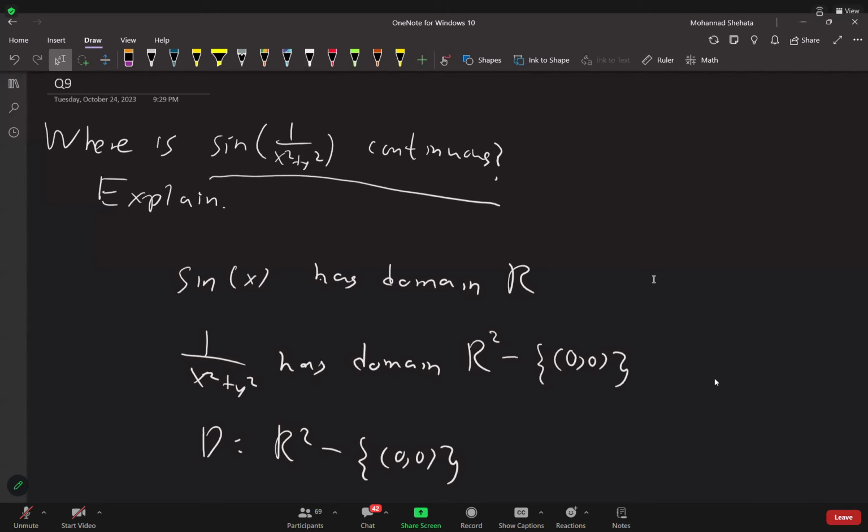You said just state sine x is continuous on its domain. I'd rather not, honestly. But it helps you. Just say the composition of continuous functions is continuous.